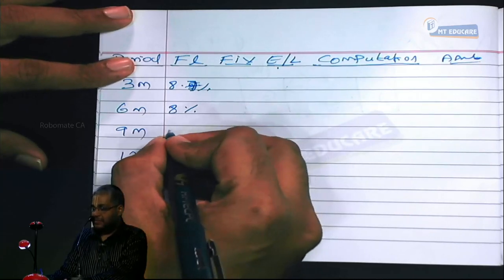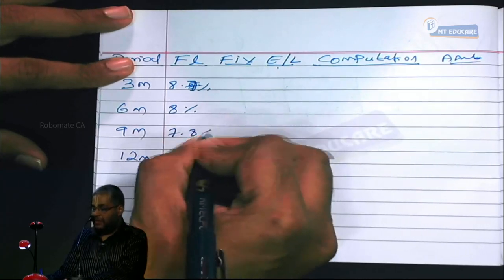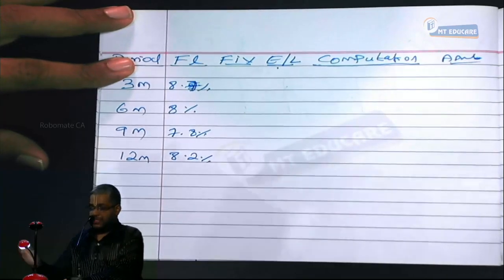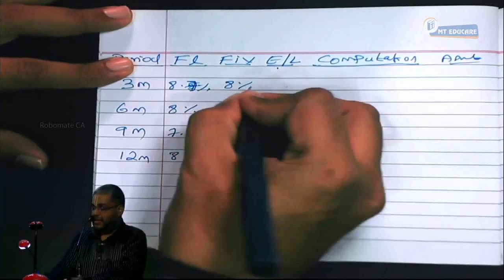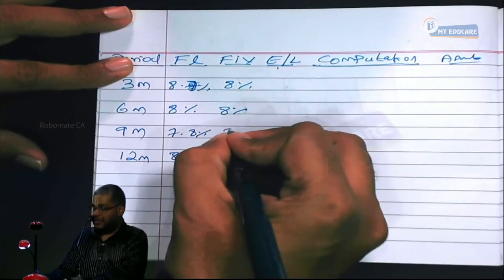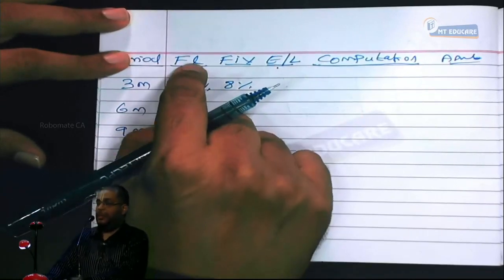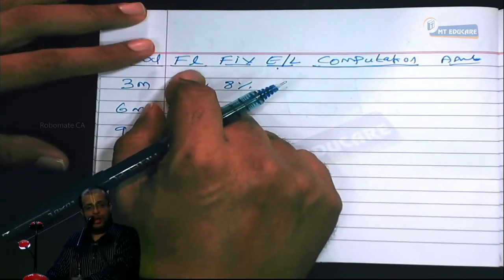After 9 months, 7.8%. And 12 months, 8.2%. What is the fixed rate? 8%, 8%, 8%, 8%.